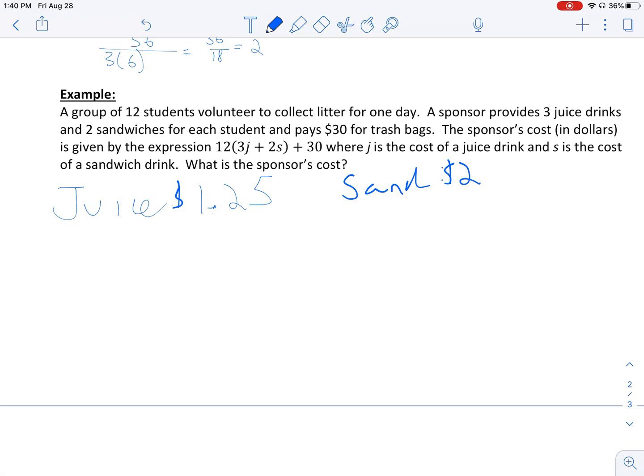All right, so let's go ahead and figure out what our sponsor's cost is. So in this case, the original expression was given to me as 12 times (3J plus 2S) outside the parentheses plus 30.